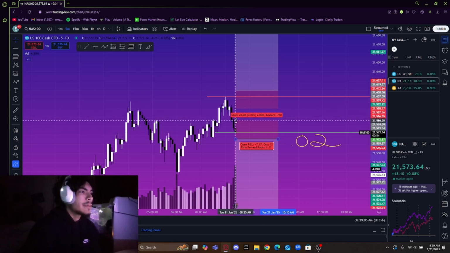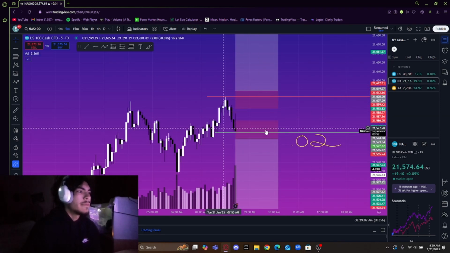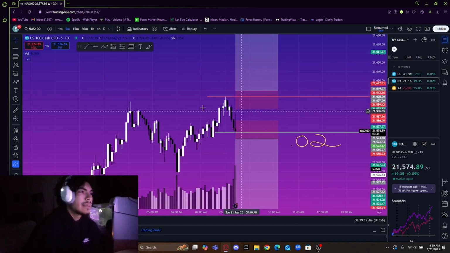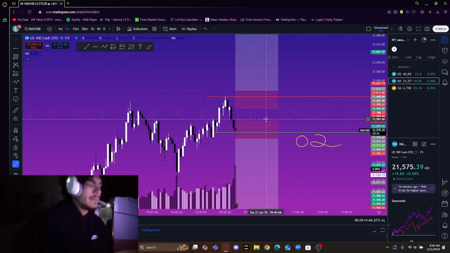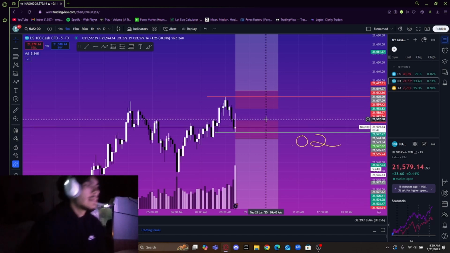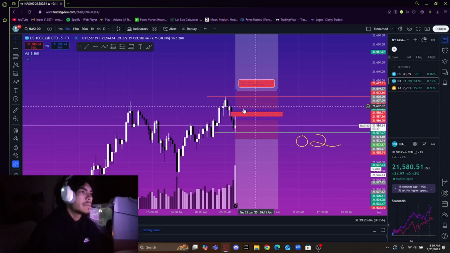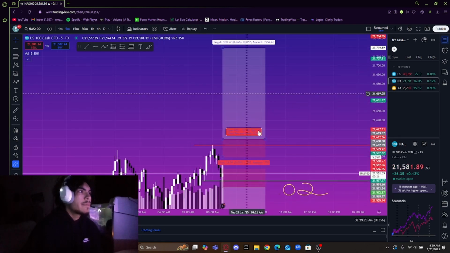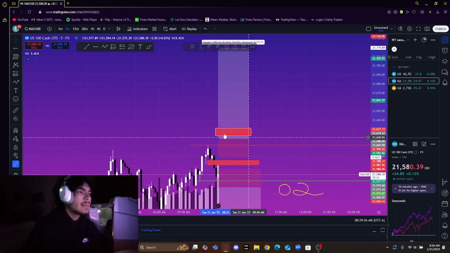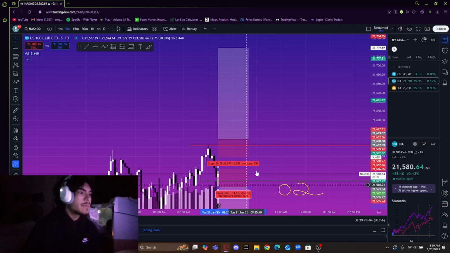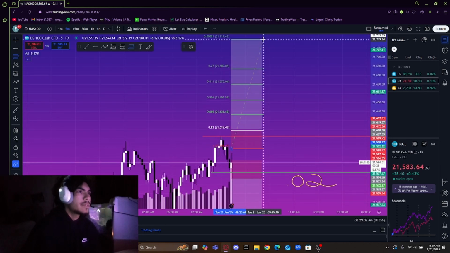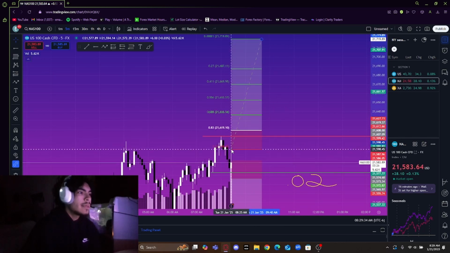As for my stop loss, I like to put it above here. Just as everybody else would put their stop loss above a certain level of support or resistance, I do the same thing as well. I typically aim for a 1 to 5 risk to reward, and the reason is that Mamba gives out a Fibonacci tool, and this is what it is.